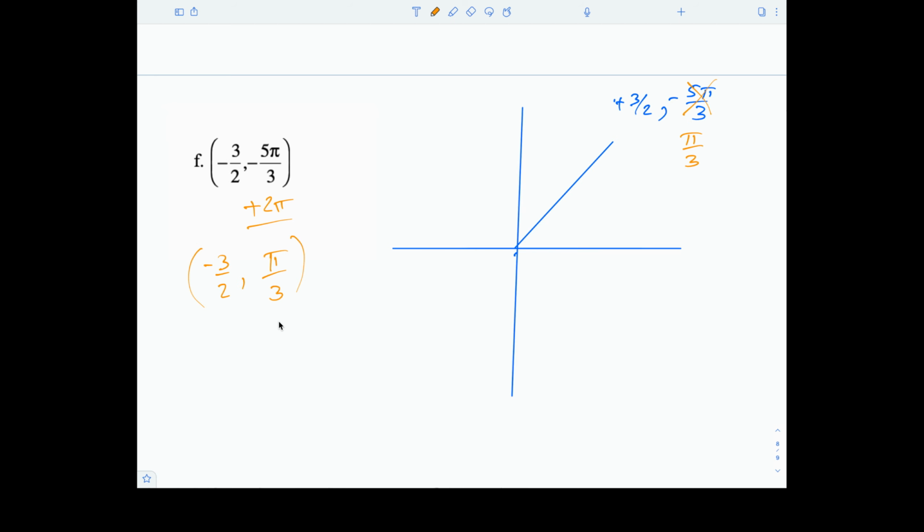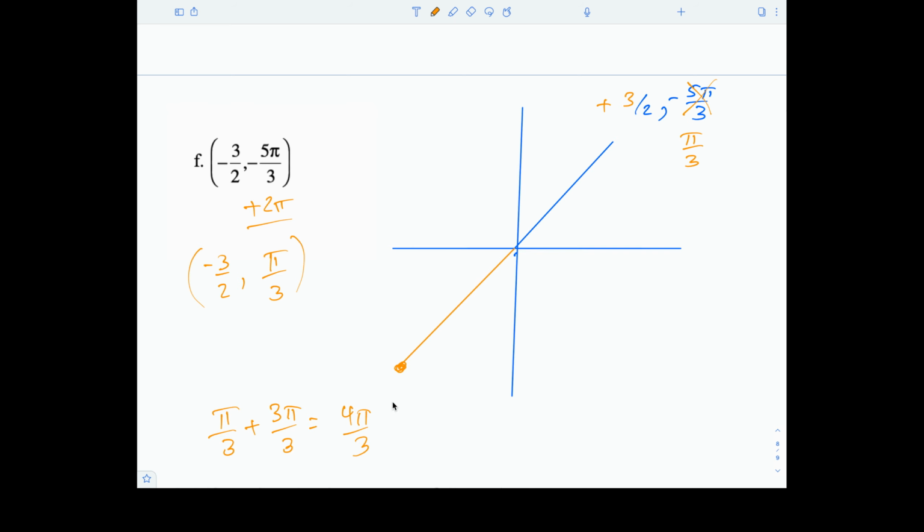And then, because this thing is negative, right? This one's positive, but if I make it negative, that means I have to jump 180. So you're going to add 180, or pi, or 3 pi over 3, and that'll give me 4 pi over 3, which now puts you over here.